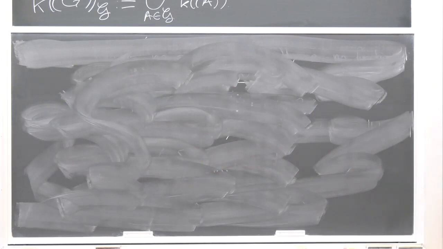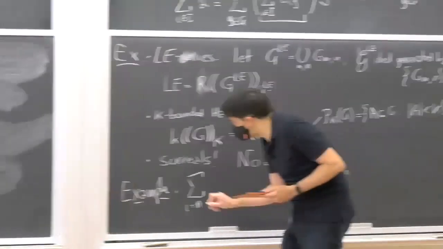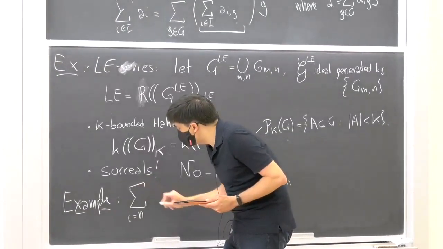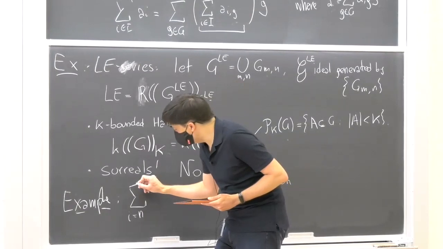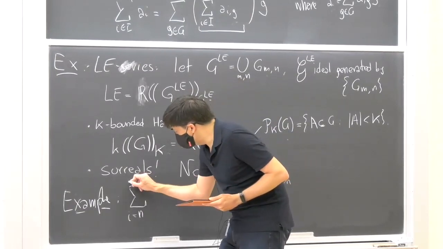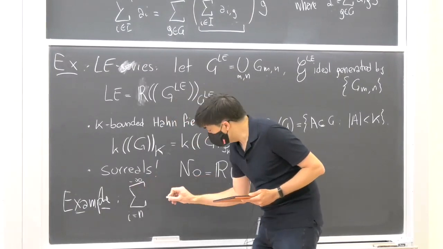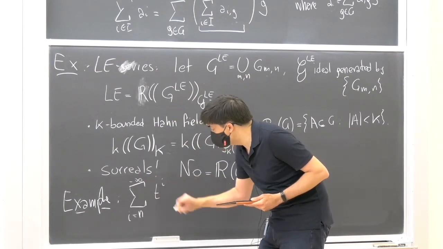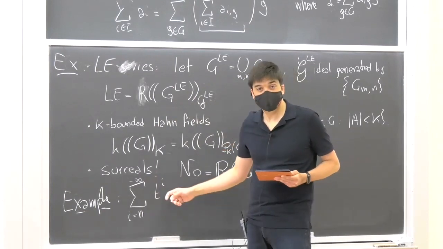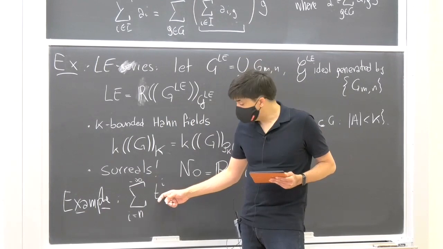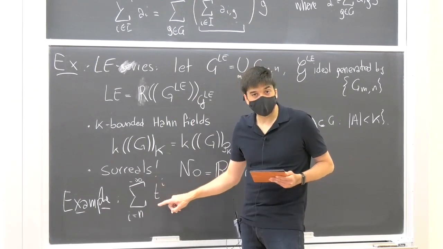Just to make sure we're all on the same page: whenever you write a formal Laurent series in this way, and now I'm going to commit a terrible sin, the sum from minus infinity to n of t^i, something like this, I'm thinking of this notation as the sum of a summable family.